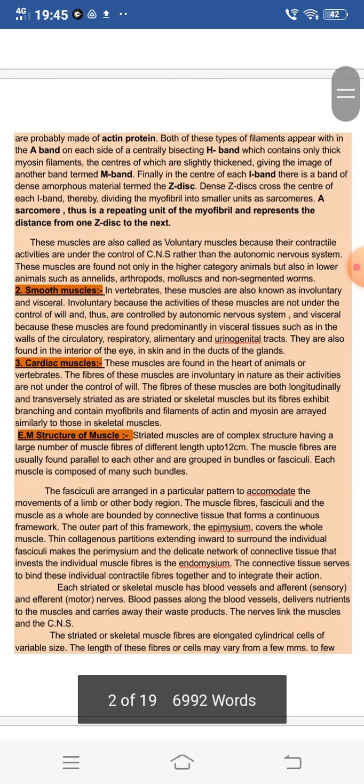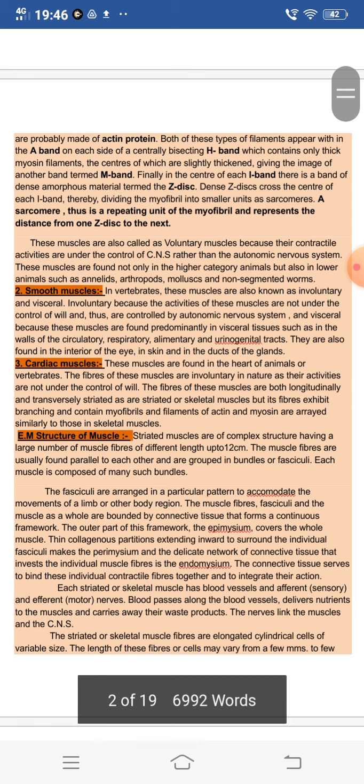A sarcomere is defined as a repeating unit of the myofibril, and it represents the distance from one Z disc to the next, that is, from one I band to the next I band.